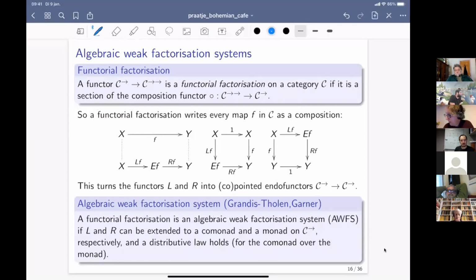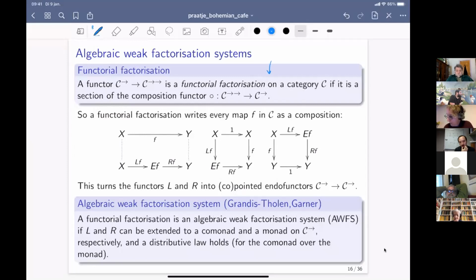The first ingredient is that we want a functorial factorization of every map in your category. That can be stated very compactly as a section of the composition functor. That's what's called a functorial factorization on your category.